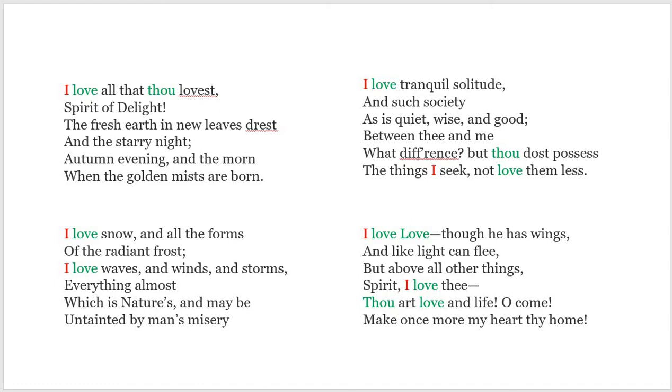He finally concludes the poem by stating that he loves the God of love, which means he is fond of love. Love is something which he desires. He loves love even though love is a winged being and flies away as fast as light can travel. The poet here means that love is not something permanent. Love is no doubt something delightful and enjoyable, but it does not stay in the human heart for long.